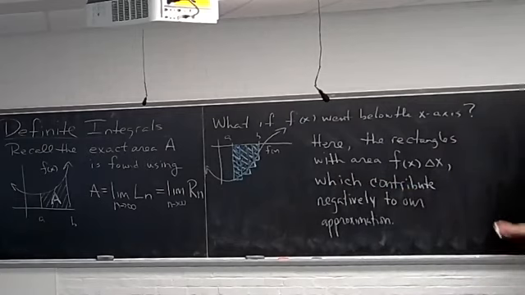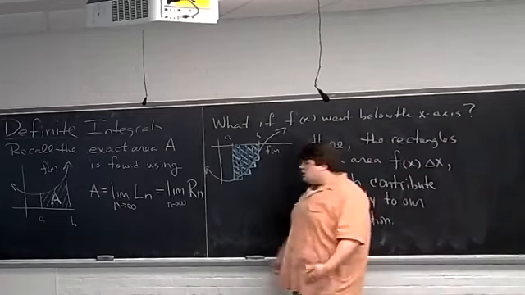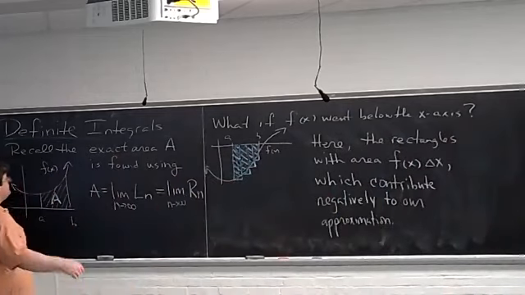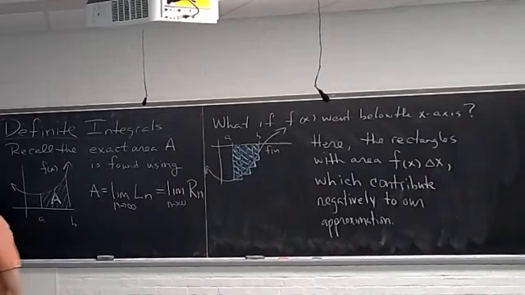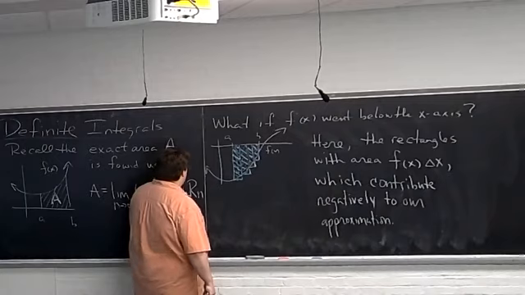So again, they're not negative areas, but as far as our approximation is concerned, it thinks of these pieces below the x-axis as negatives. Any questions about that?